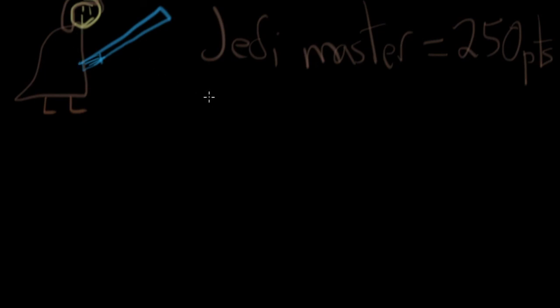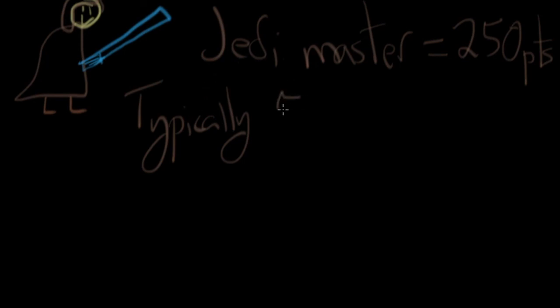Typically, we're going to make some generalizations here. Not every Jedi, but typically Padawans in training, like Jedi apprentices, after 5 years usually have 100 points.